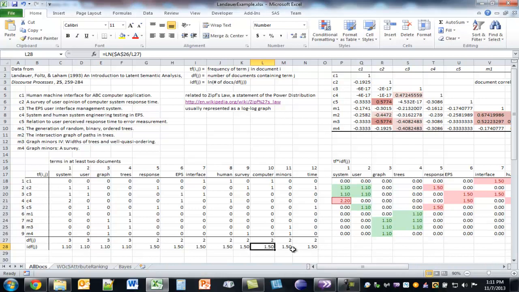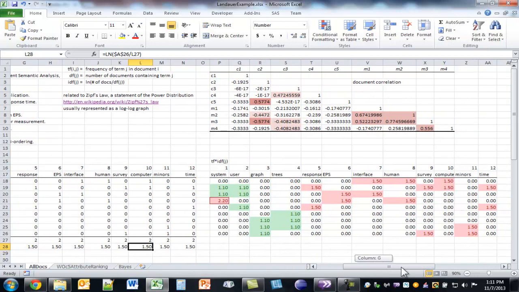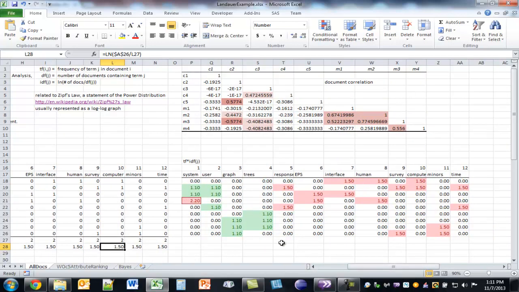And now what we do is we multiply each of these by the term frequency. So we take these weights, multiply them by these weights, and we get a weighted term document matrix. And this is now called a term document inverse document frequency matrix. And this one contains frequencies weighted by their, quote, importance, as shown by the inverse document frequency.